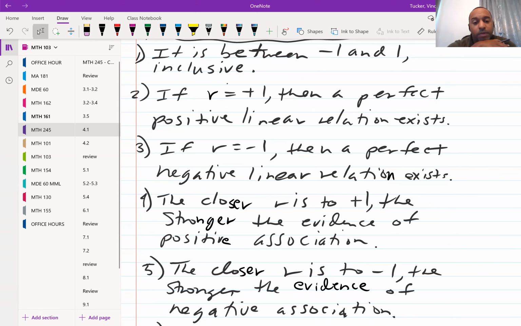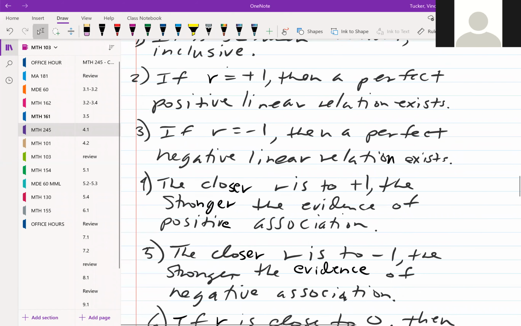The closer R is to negative 1, the stronger the evidence of a negative association.